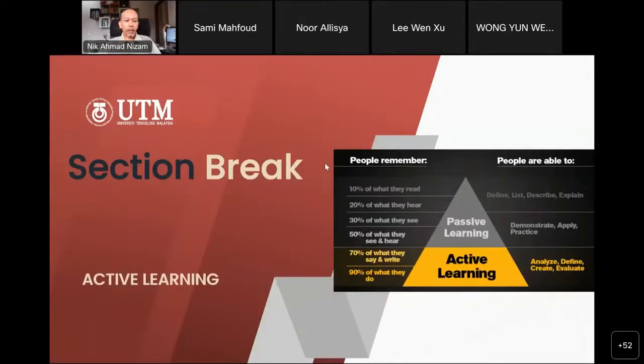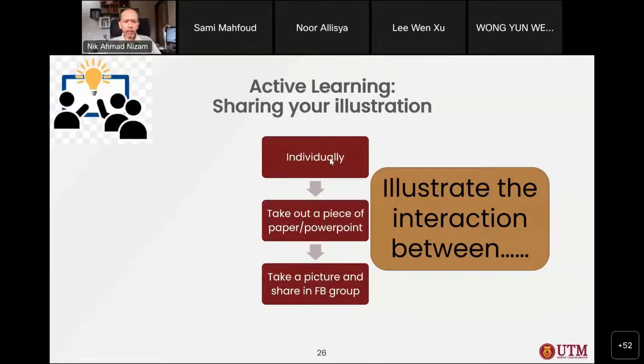Okay, so we go to the active learning. Same like before, individually, share your illustration. Take out a piece of paper, or you can use PowerPoint, or if you're using a tab, it's up to you. If you're using a piece of paper, come up with it on A4 paper, then take a picture and share it in the Facebook group. So same like before, please wait for the video that I will upload in the Facebook group, and then you can put it in the comment there.